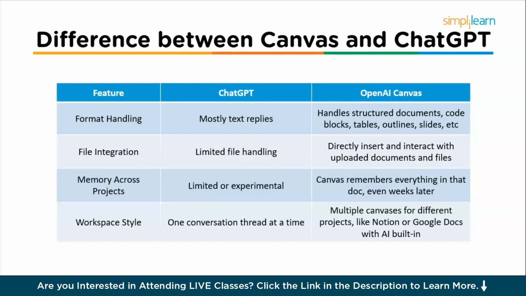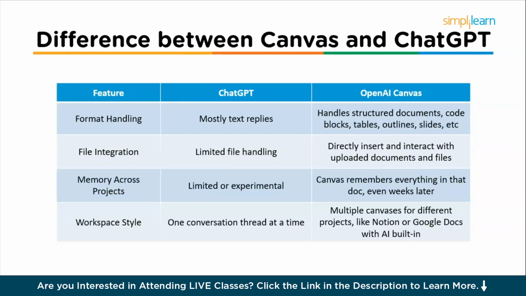Then memory across projects: for ChatGPT, this is limited or experimental. Canvas remembers everything in that document, even weeks later. Then workspace style: ChatGPT has one conversation thread at a time, while OpenAI Canvas has multiple canvases for different projects, like Notion or Google Docs with AI built in.